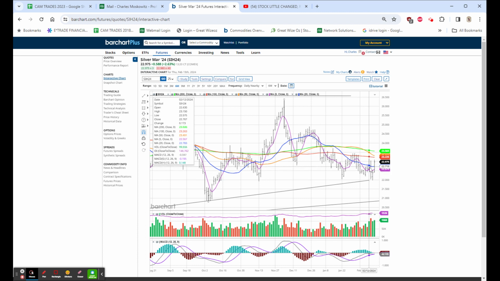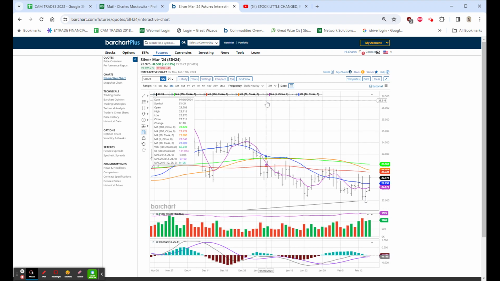And my concern would be there are a bunch of closes in the silver itself around, let's just bring this in a little further, all of these closes, 23 and a quarter, 23.22, 23.17.